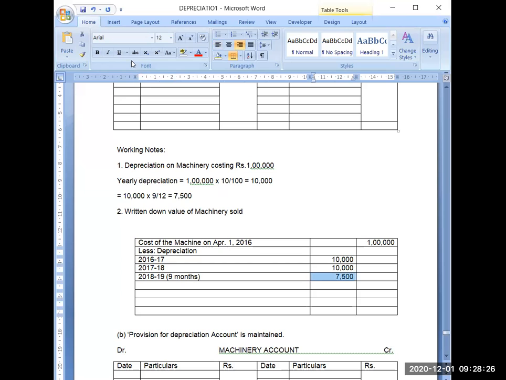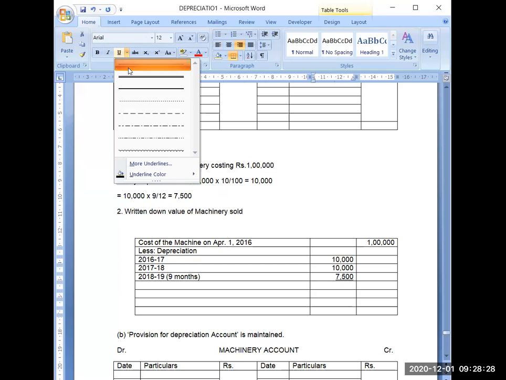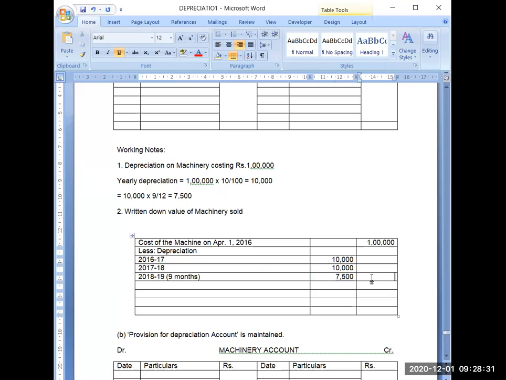So if we total it, that will become 27,500, and the written down value, WDV as on January 1, 2019, will be 1 lakh minus 27,500.